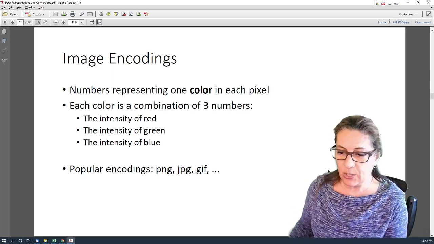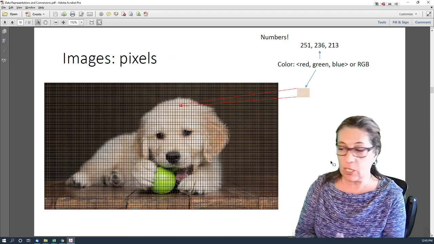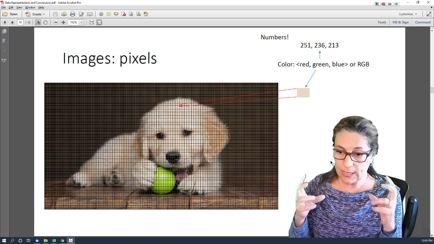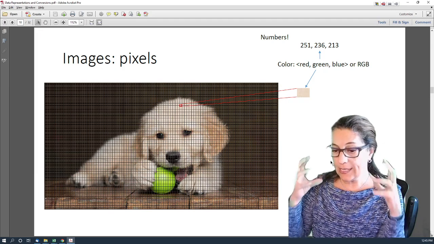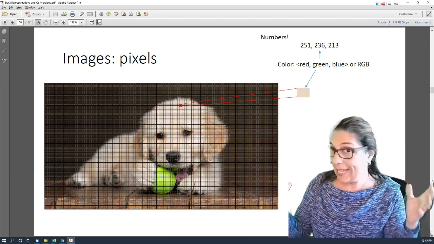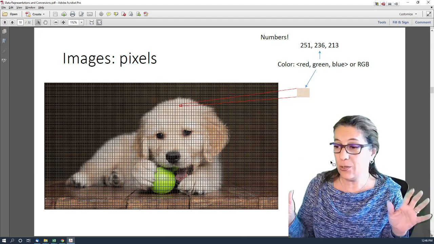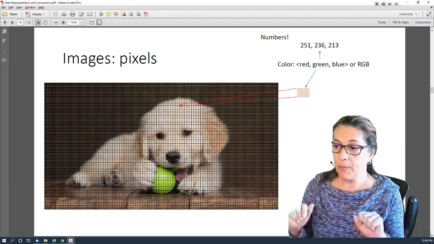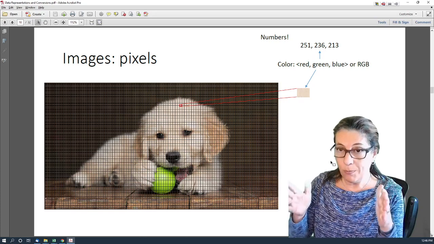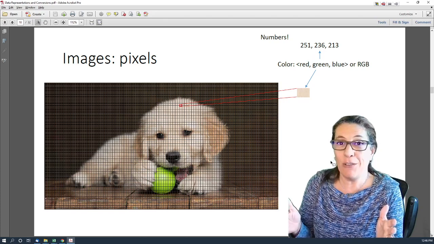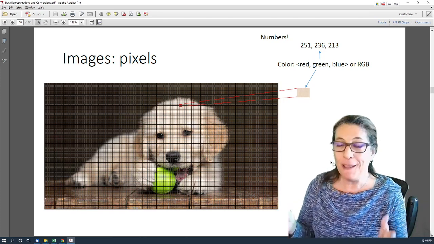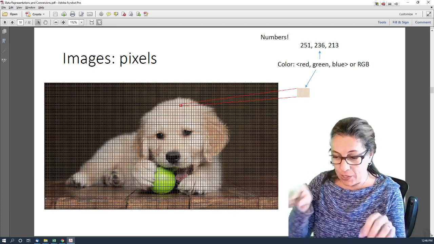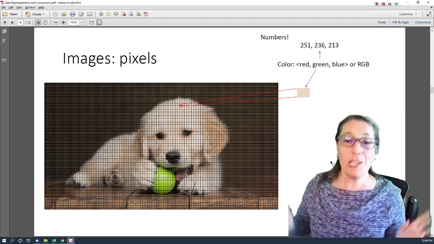Why do pixels use red, green, and blue? That's a good question. That comes with the human visual system. I don't know it very well because this has to do more with cognitive science than with computer science. But it turns out that if you mix red, green, and blue, and I guess this has been known by painters for a very long time, if you have red, green, and blue as paints, mixing these three colors in different quantities can give you all the colors that you want.